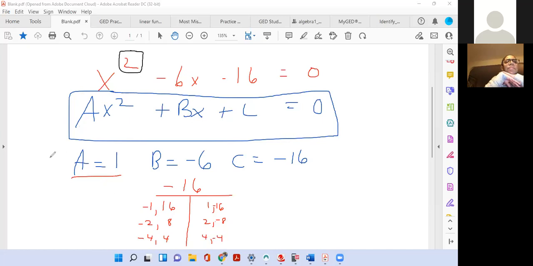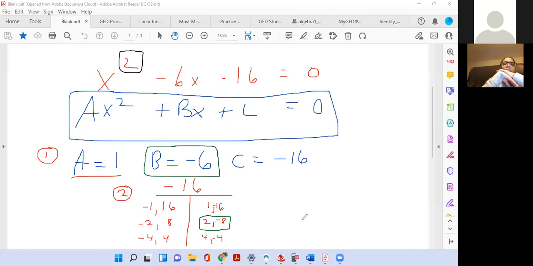So our first step was identifying A, B, and C. Once we identify A is equal to 1, we factor C. The third step is identifying which pair, if we combine them together, will give us -6. That would be -8 and 2. So once we select that pair, we now can easily factor it.